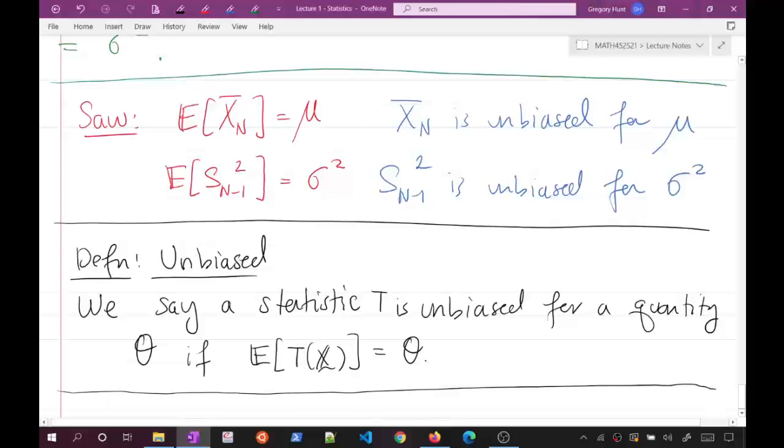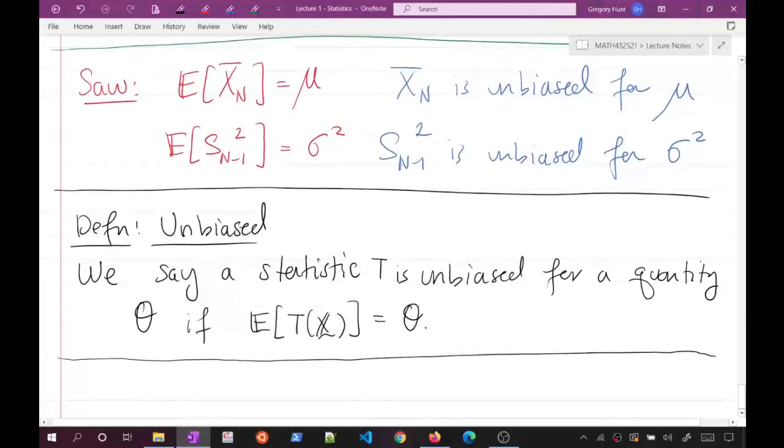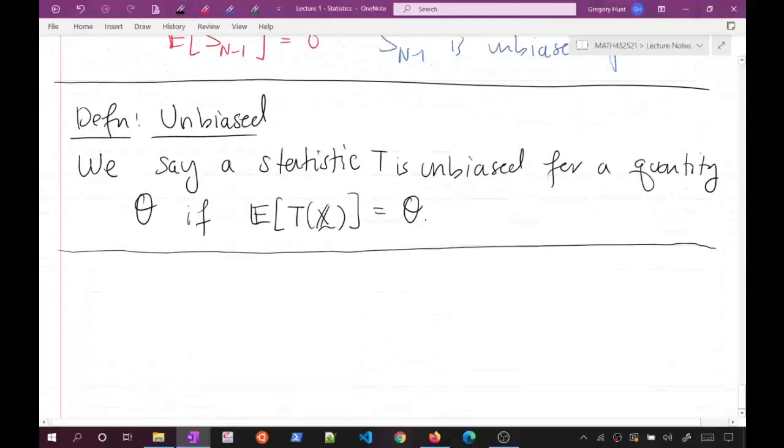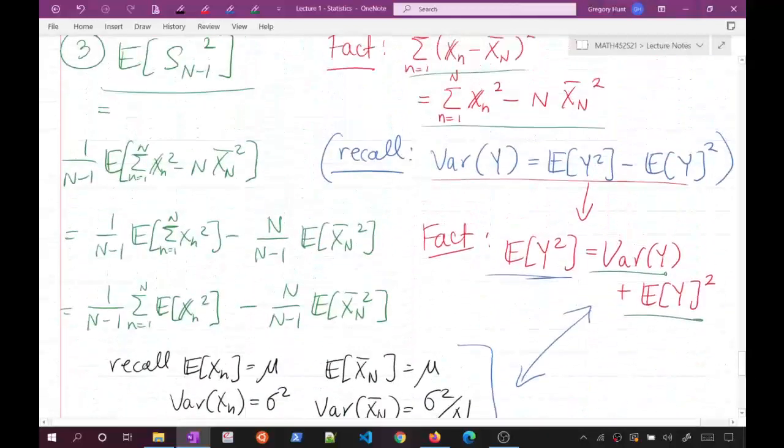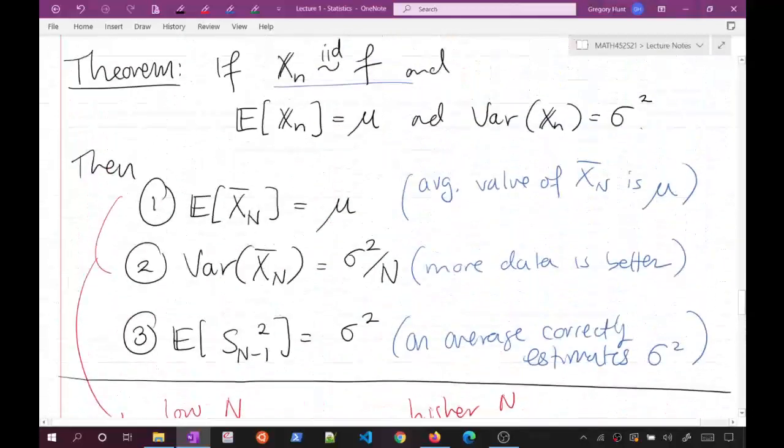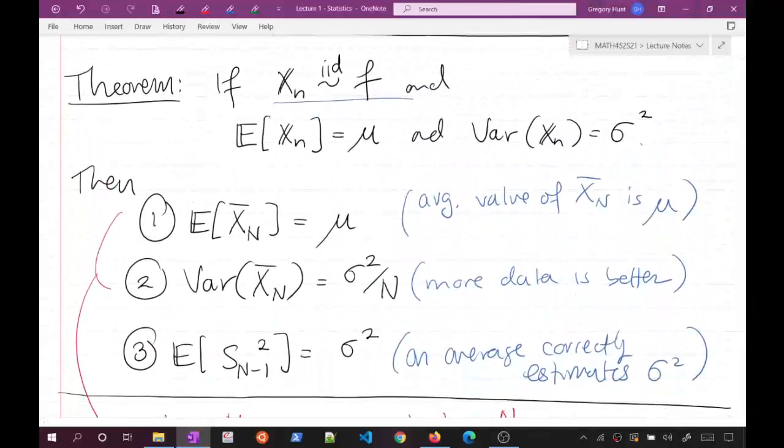So that's some simple statistics about x bar. The next thing we're going to get into is what other properties we can know about, let's say, x bar, if I know something about my data. In the theorem we worked up to in this lecture, we don't actually know much about our data.